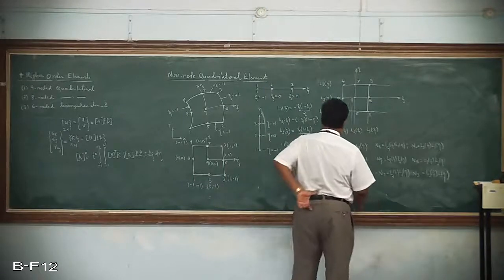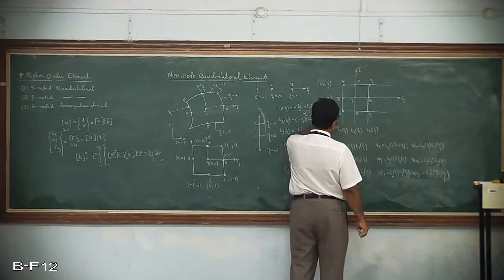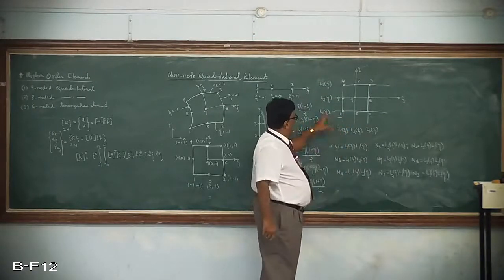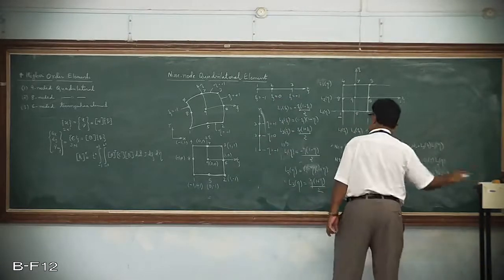See, for example, if I take this N1, N1 is always 1 at zeta and eta equal to -1, correct? Just to cross check for you, I will show this.